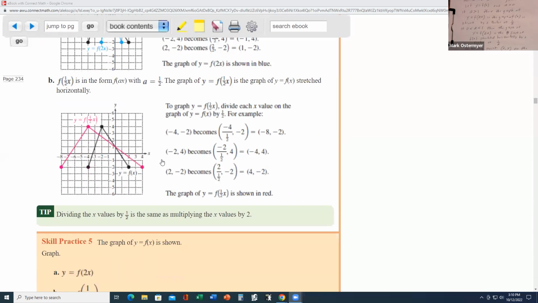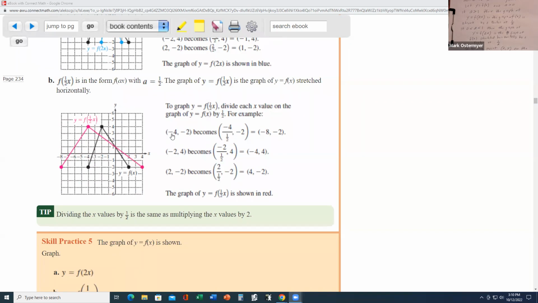For B, so let's go down here and take a look. Okay, so let's try to graph this new function called f(1/2 x). So notice, ladies and gentlemen, that our a is really 1/2 to form this new function f(ax). So a is 1/2, and that means that the graph is going to be horizontally stretched by a factor of 2.